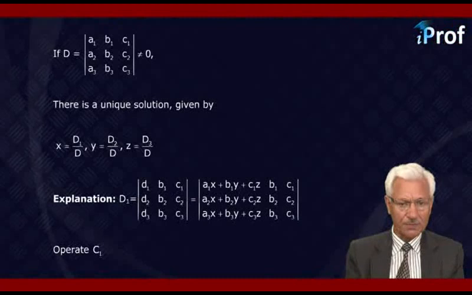Now operate. C1 goes to C1 minus y times C2 minus z times C3. We get D1 equal to A1x, A2x, A3x as the elements of the first column, B1, B2, B3 as the second column and C1, C2, C3 as the third column.